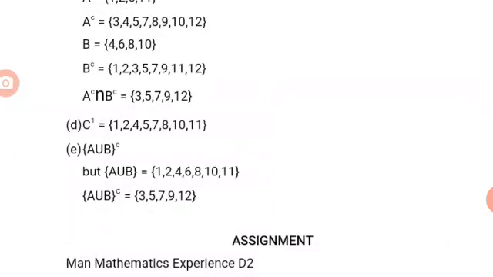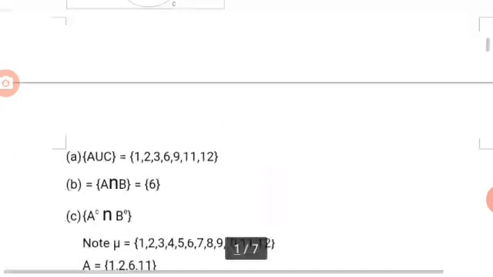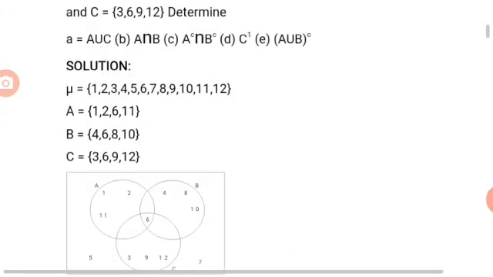So the last one is A union B complement. Before you solve A union B complement, you look at A union B. What is A union B?